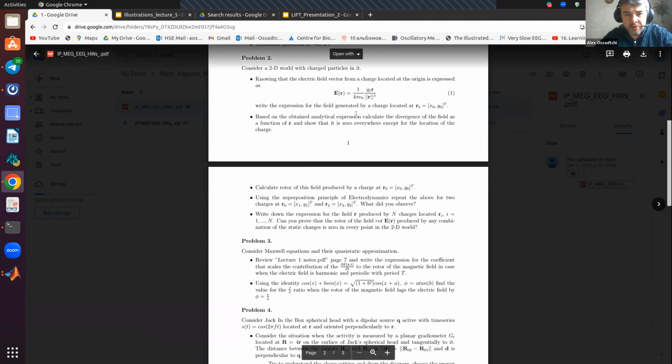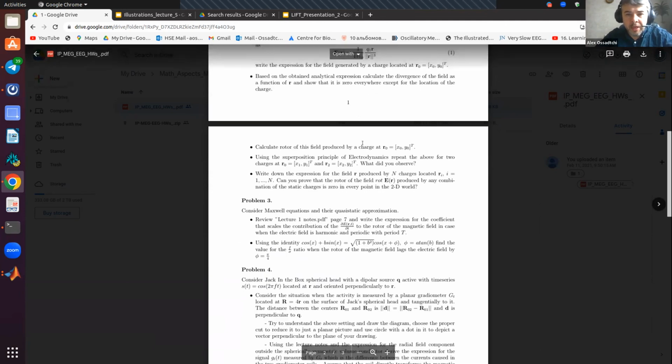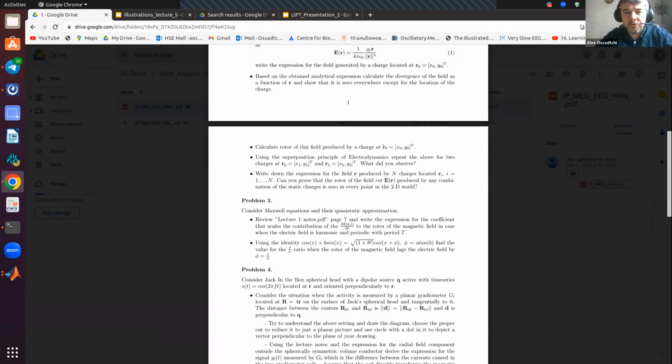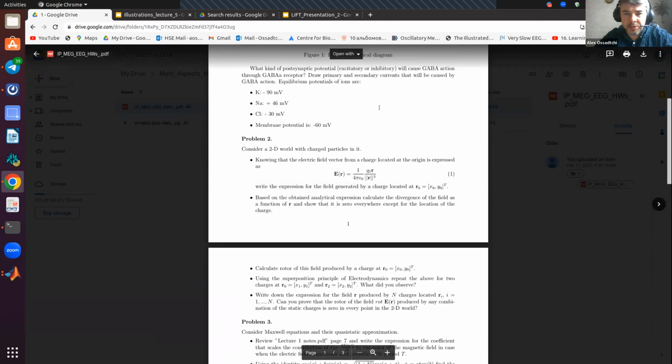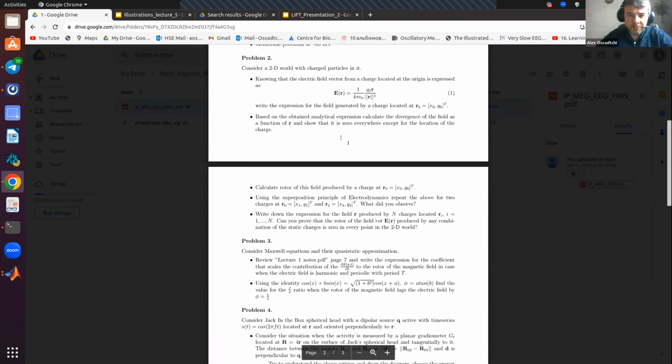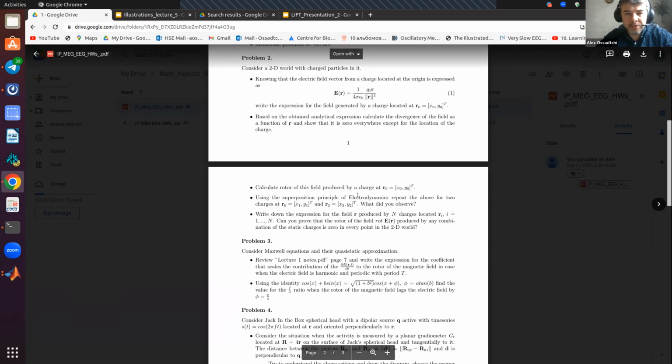The same thing you can do to compute the rotor. You have to get the definition of the rotor and try to appreciate the value of the rotor in two-dimensional space from a single charge, with radially oriented field lines, okay?